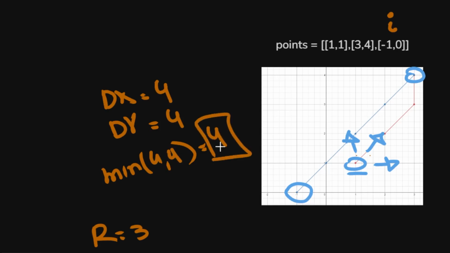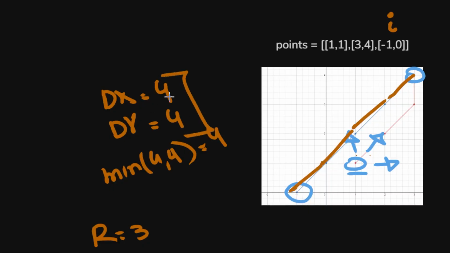This means that we can move diagonally 4 steps. So we move 4 steps diagonally. And here we are already at the next point. If we take the maximum value here, which is 4, and subtract the steps that we are giving diagonally, we get 0. So we need to move 0 steps from this point because we are already at the target.